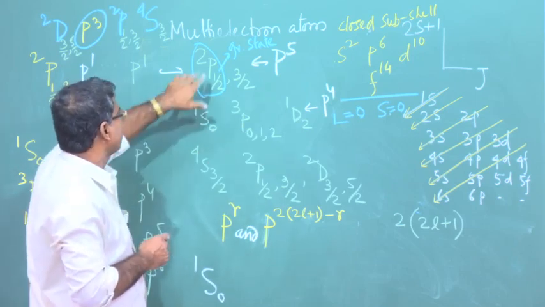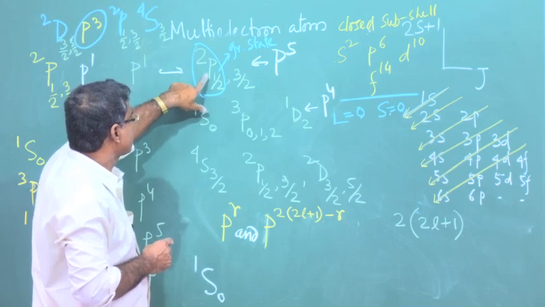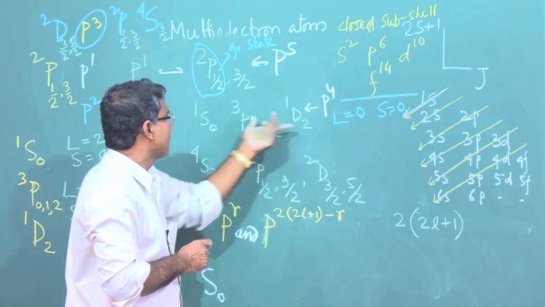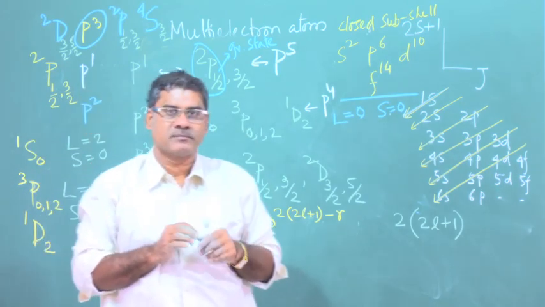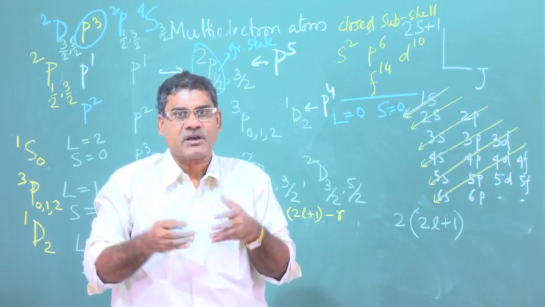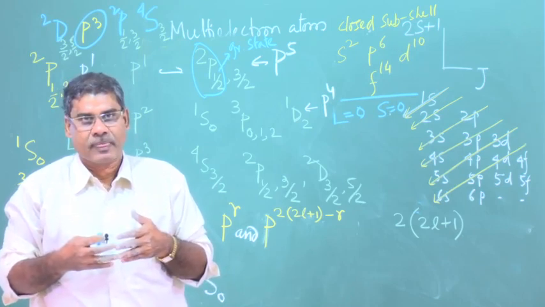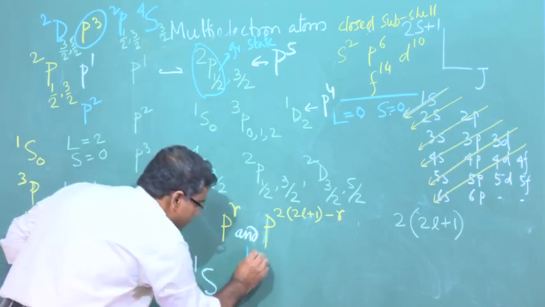Here S is the same, L is the same, so depending on J we could find out. Here different terms are there. Now, there is an important rule to find out the ground state for equivalent electrons. This is Hund's rule.